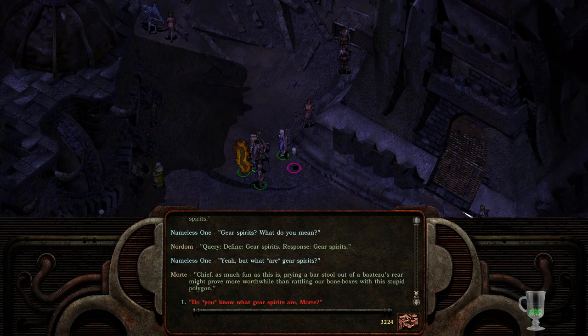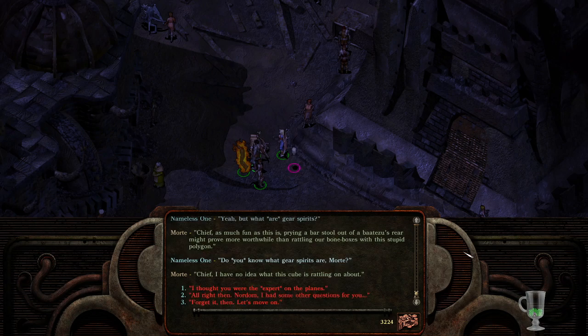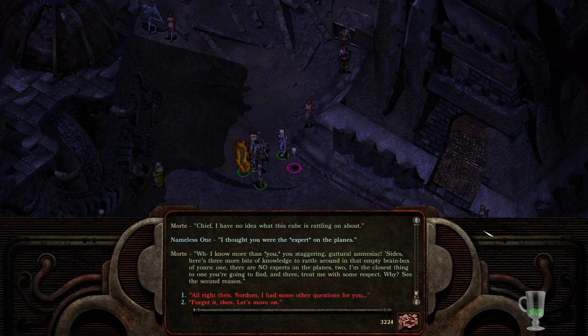Chief, as much fun as this is, prying a bar stool out of Beatuzu's rear might prove more worthwhile than rattling our bone box with a stupid polygon. You know what gear spirits are, Morte? Chief, I have no idea what the Scoob is rattling on about. I thought you were expert on the planes. What?